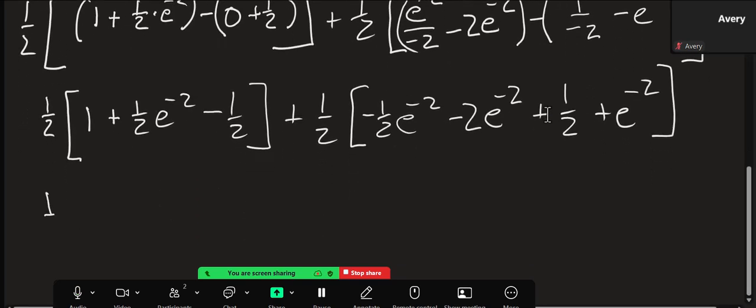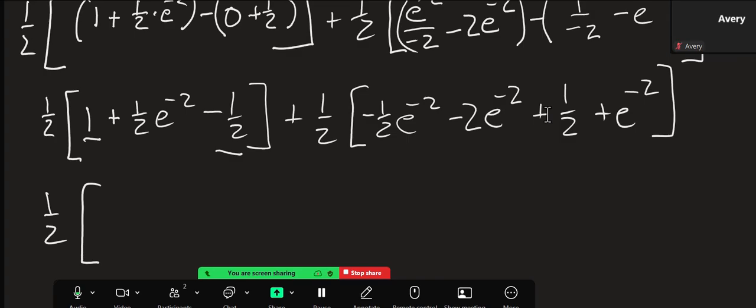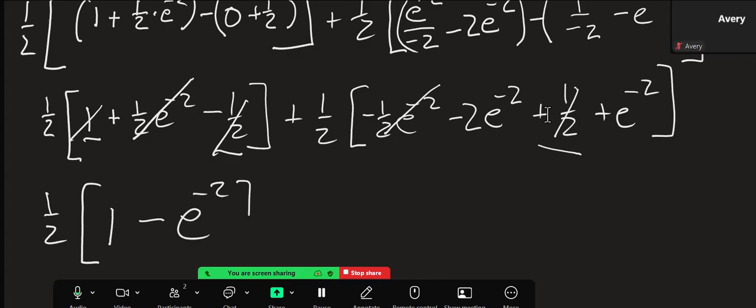So if I have the 1/2 on the outside, I can put all of this stuff together on the inside. So I have 1 minus 1/2 plus 1/2 is 1. And then I have minus 1/2 e to the negative 2 plus 1/2 e to the negative 2 minus 2e to the negative 2 plus e to the negative 2 minus e to the negative 2.